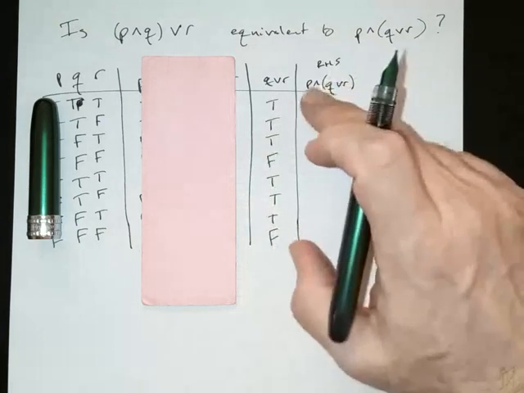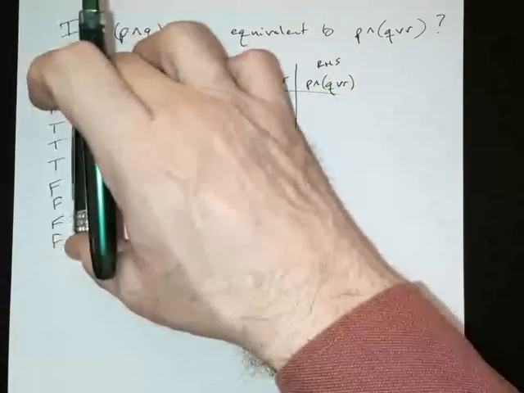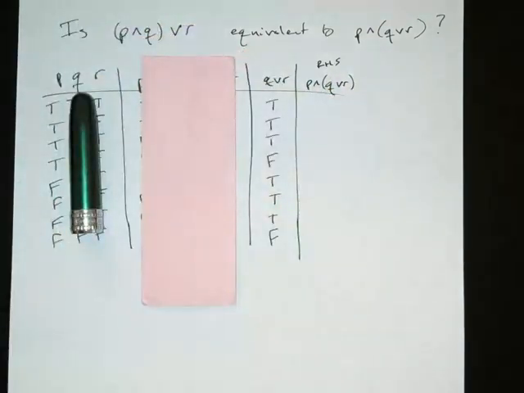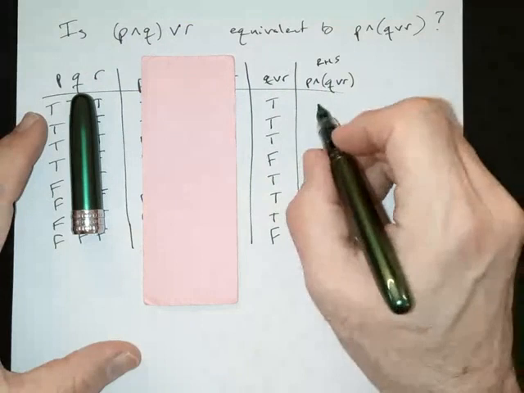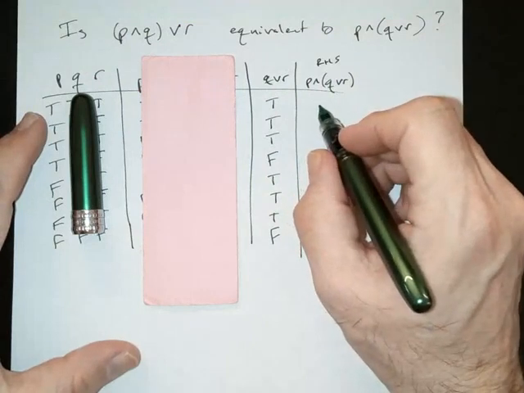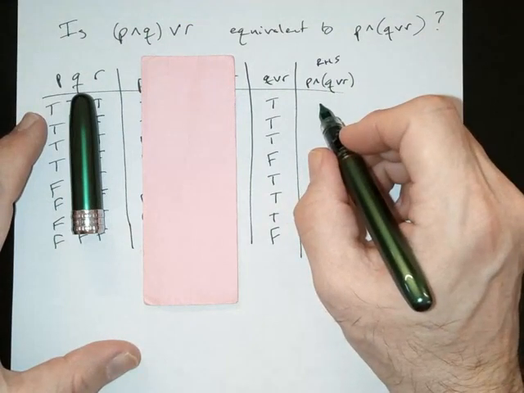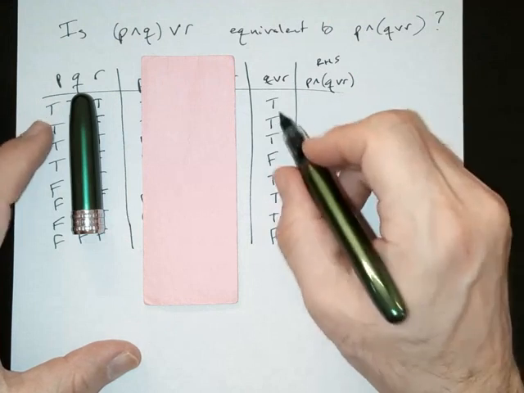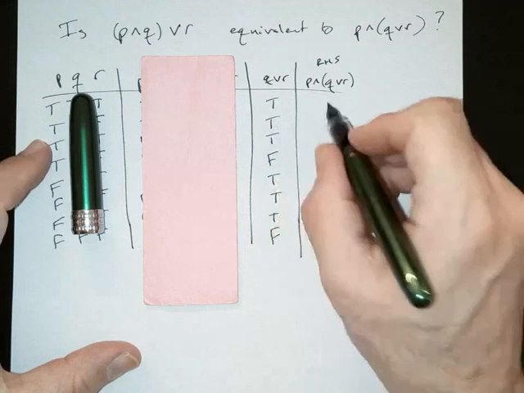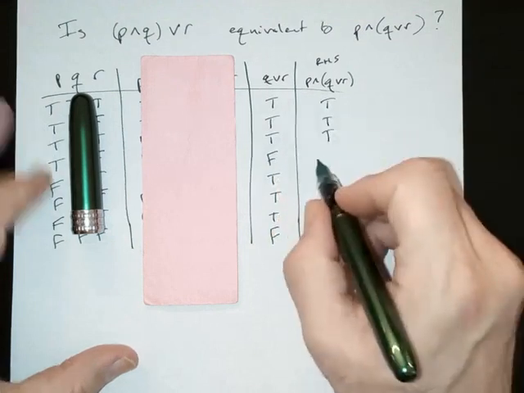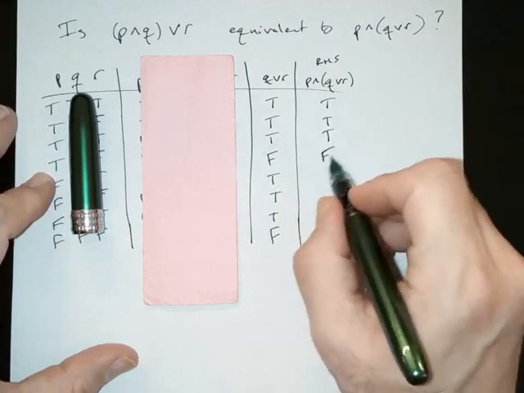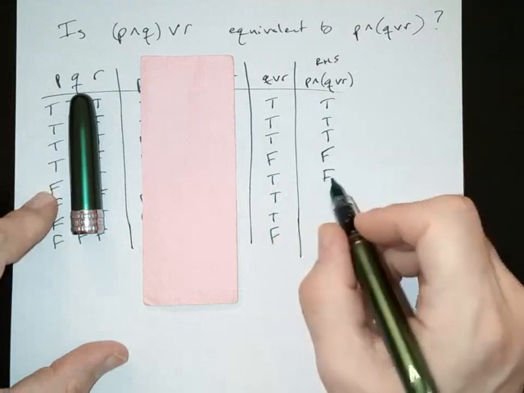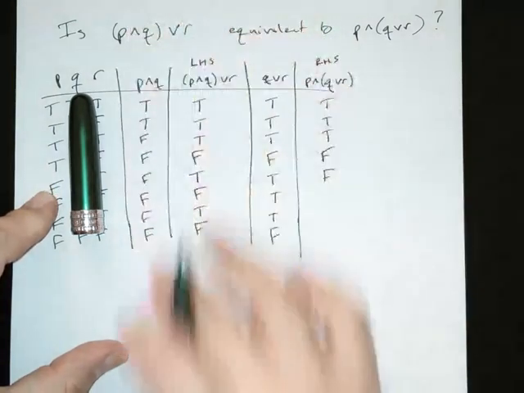Now I need this column and P. Means I need my P column visible again. And is true when both are true. Yes, yes, yes. No. No. Wait a second.